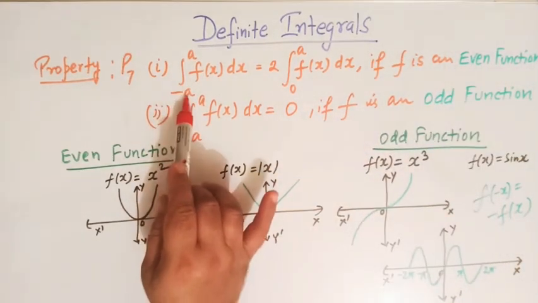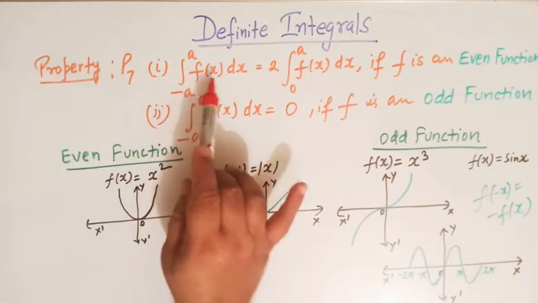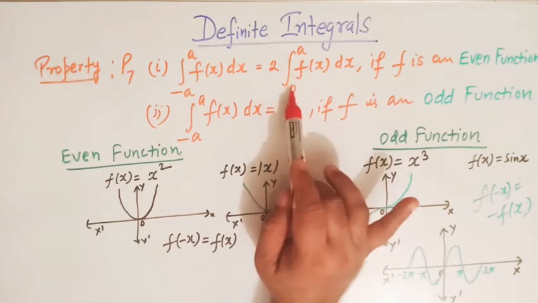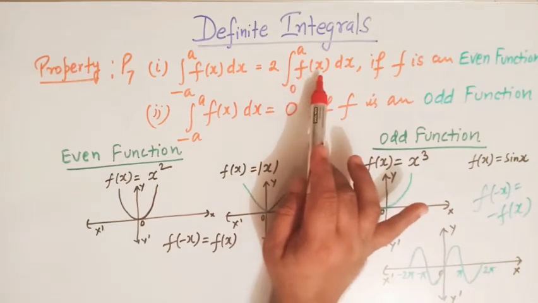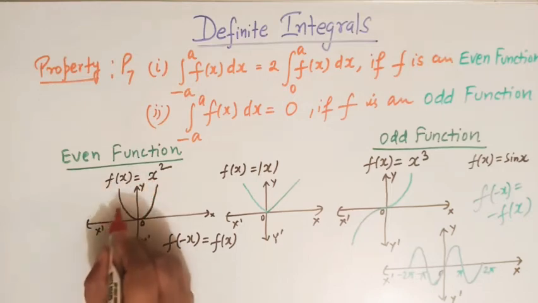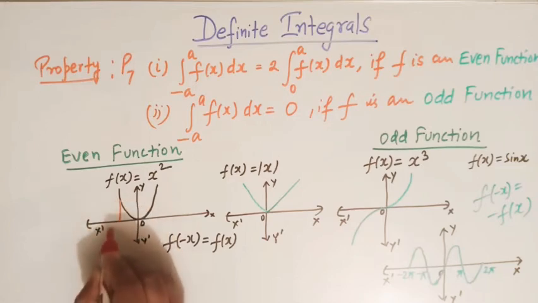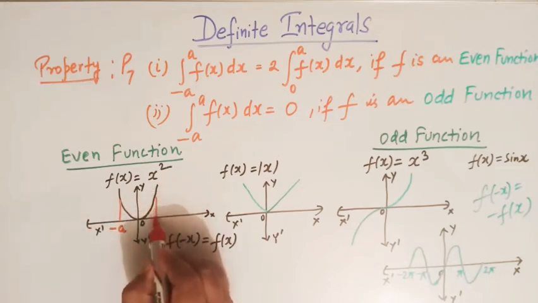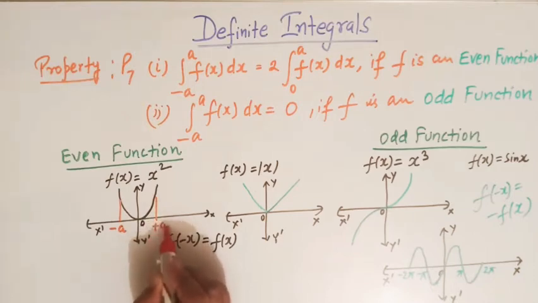When we have the integral from minus a to a of f of x dx, then it is equal to 2 times the integral from 0 to a of f of x. Now here I am taking this function f of x equal to x square, and let us take here say minus a, and here let us take plus a, right?